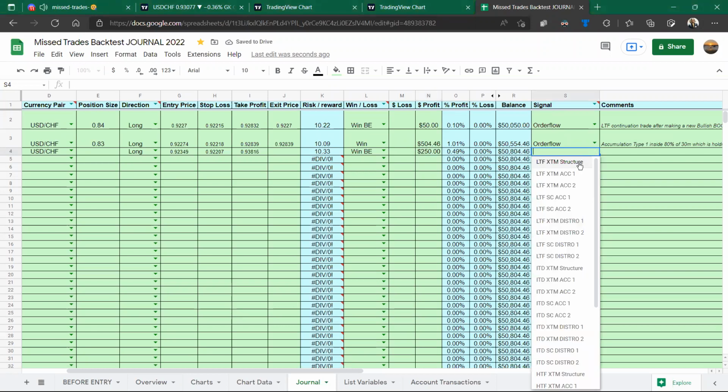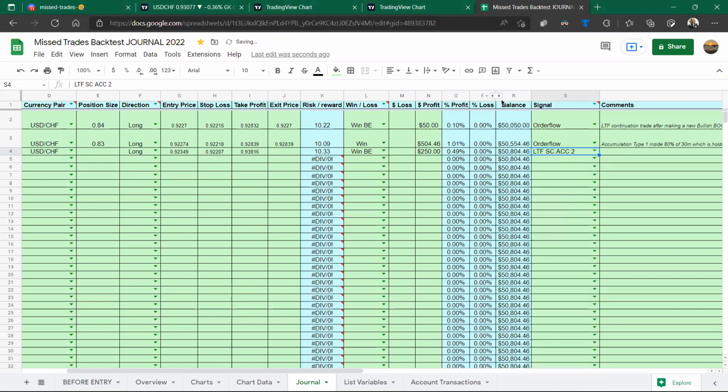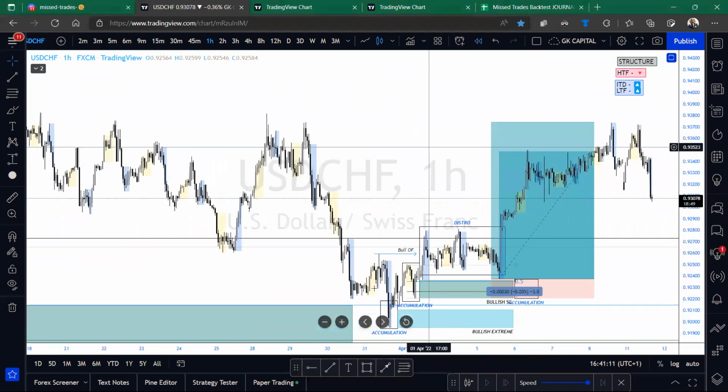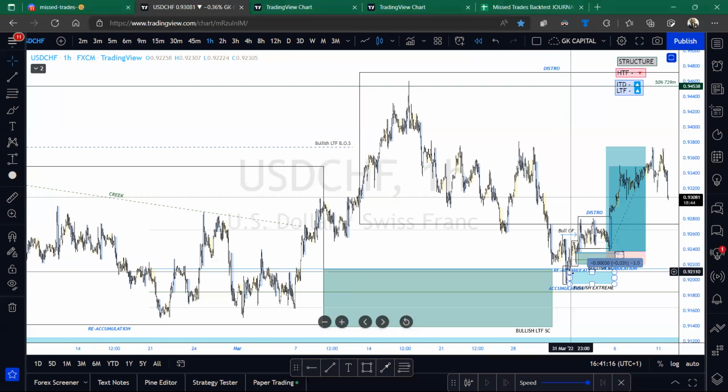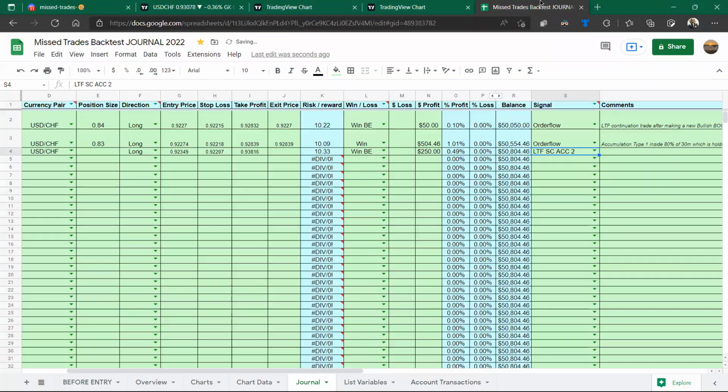Signal would be lower time frame accumulation type 2. Okay, so for me, this definitely is not a type 1, because we can't see 2 or 3 drives. We can only just see this low, and then BOOF. So anything that's not a type 1, I would just class it as a type 2, and then we were straight into that lower time frame slingshot.